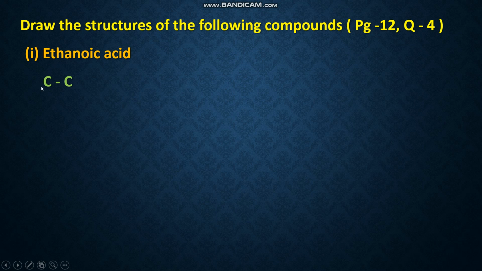So first we'll draw the carbon chain with 2 carbon atoms. Next, as it is oic acid, one carbon should be a carboxylic acid. Including the carboxylic acid group, there are 2 carbon atoms. So one carbon you can make as a carboxylic acid group, C double bond O, single bond OH.